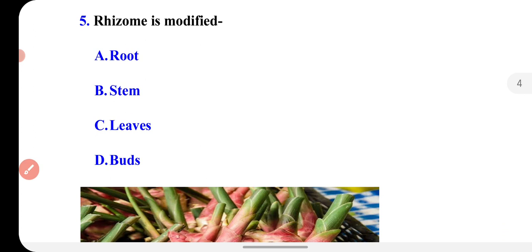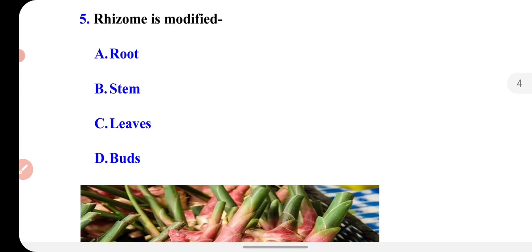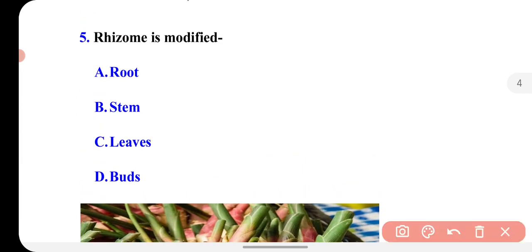Here you can see the example of rhizome, that is ginger. Ginger is the modified stem found in the ginger plant under the ground, and it stores the food that we eat, right? So the rhizome shows the modification in a stem.